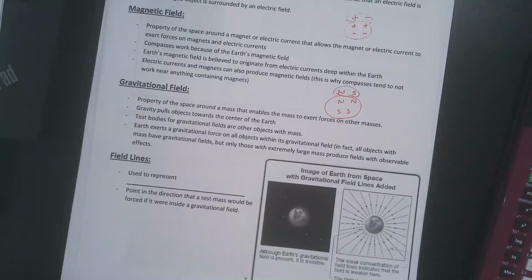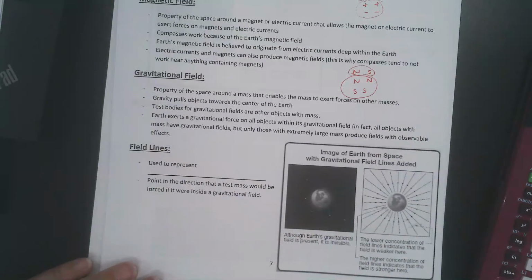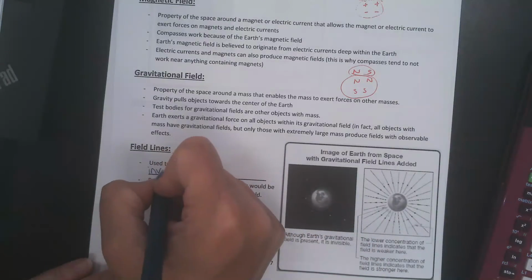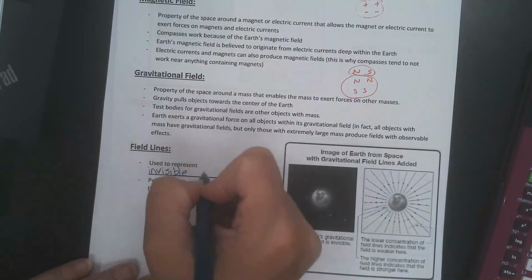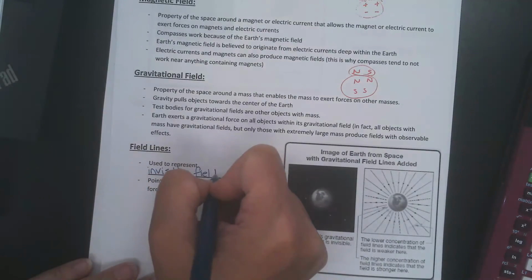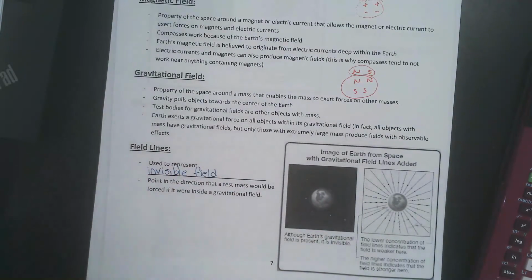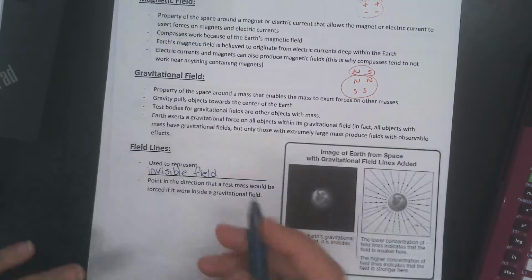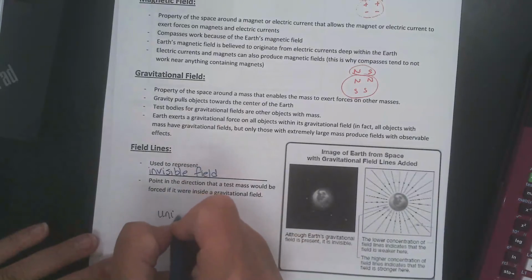Okay. Field lines, so these are the lines that I've been drawing around it. These are invisible fields. We can't physically see the electric field. We can't visibly see the gravitational field. That's not true. We can see the electric field and the magnetic field in very unique times. We know those unique times.